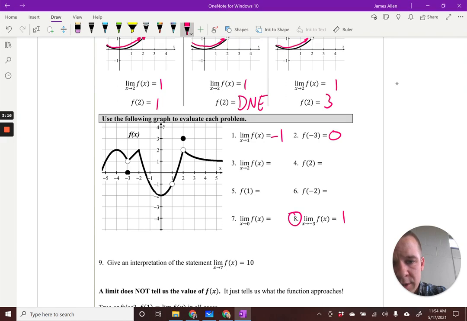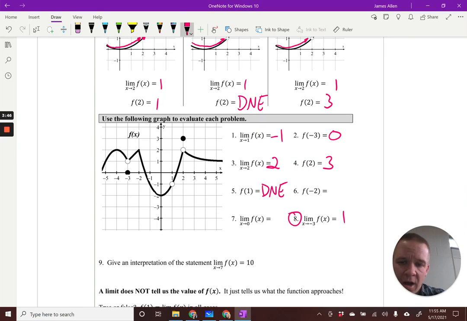Number 3, the limit of f of x as x approaches 2. As x approaches 2, it's approaching the same thing from the left and the right. It is positive 2. But what is f of 2? Well, f of 2 is a hole, but above it we have a point that would be 3. What about f of 1? There's a hole there, and there's no other point on the graph like we had at f of 2, so this one does not exist. There's nothing there.